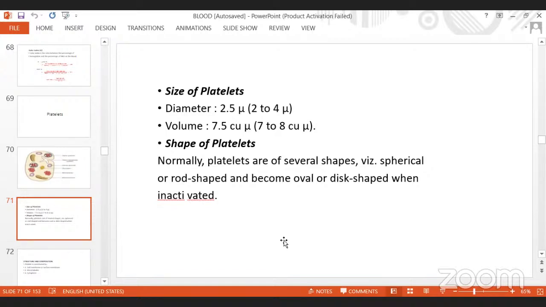It has a variety of shapes, like spherical, rod shape, oval or disc shaped, and it shows different shapes in activated and inactivated states.